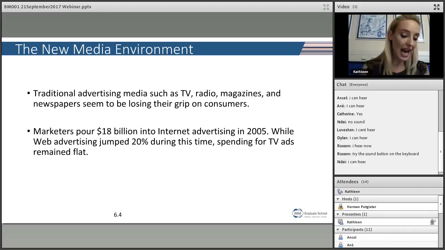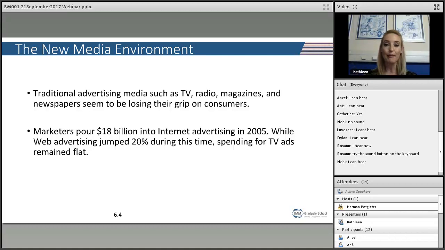So your first outcome is to describe some of the changes in the new media environment. Our starting point is looking at what new media we have available to us as marketers that we can use to our advantage. Traditional advertising media, such as TV, radio, magazines, and newspaper, are losing their grip on consumers.